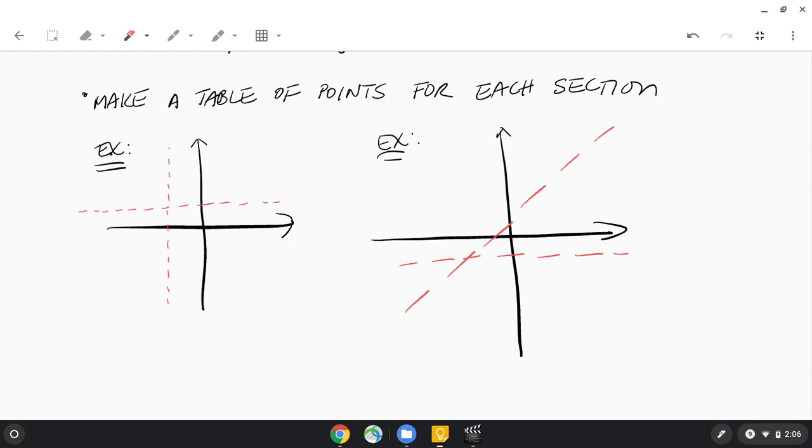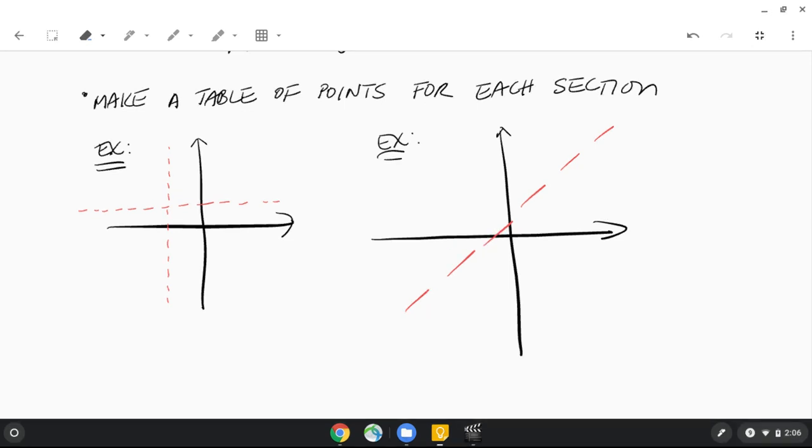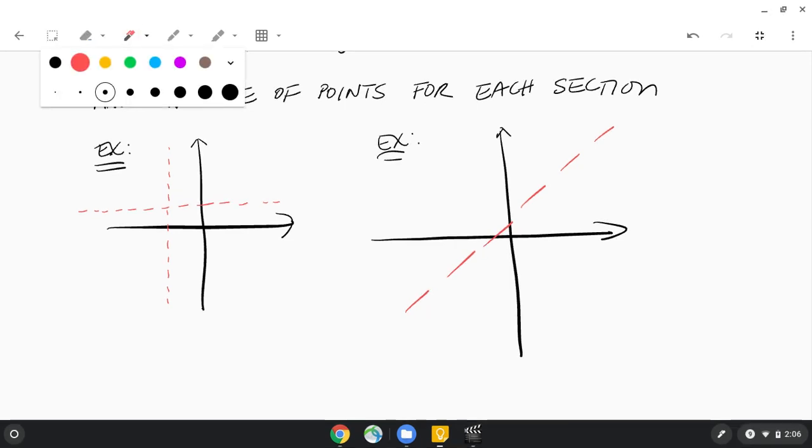You could have a, oops. Okay, sorry about that. That's not supposed to be there. You can have a vertical and a slant. Okay, so erase this if you guys did that. So maybe you have a vertical over here.